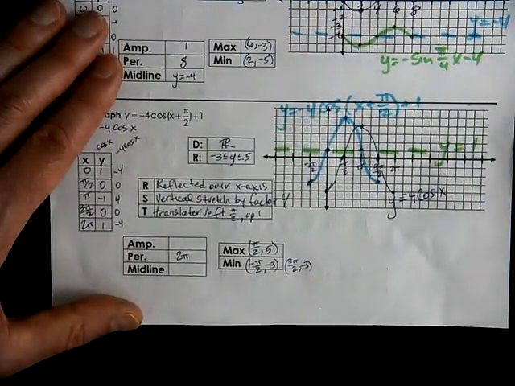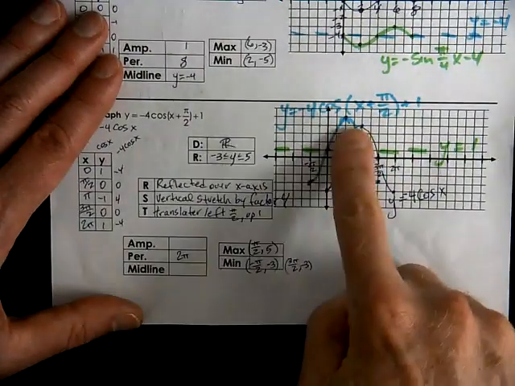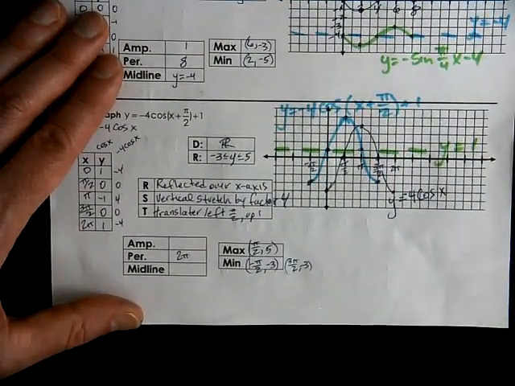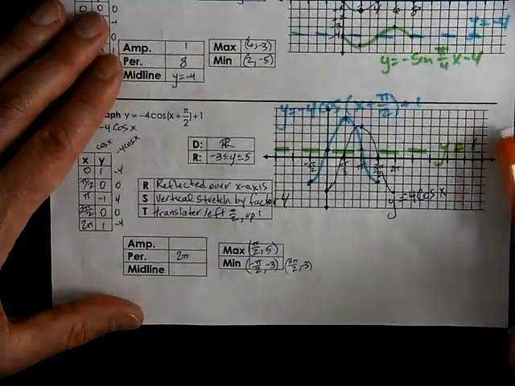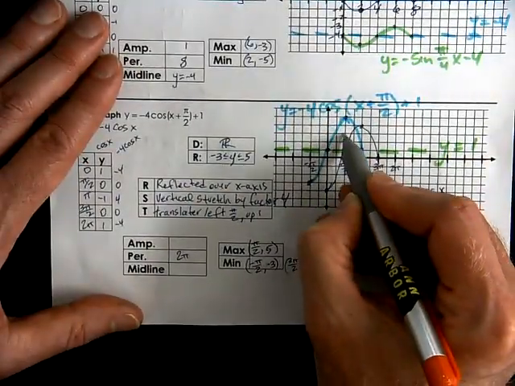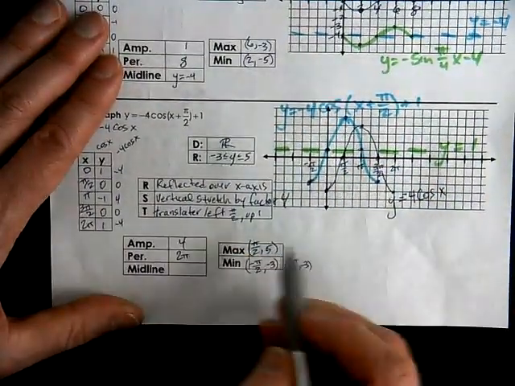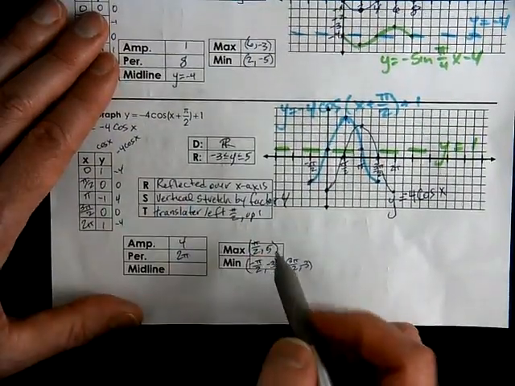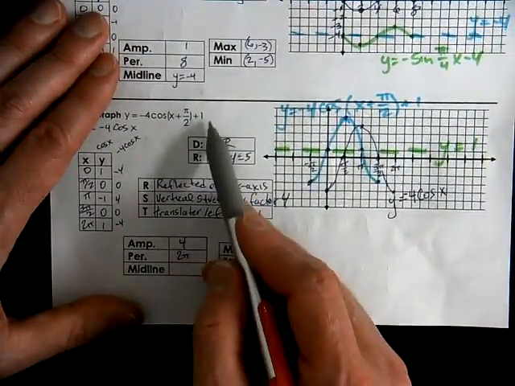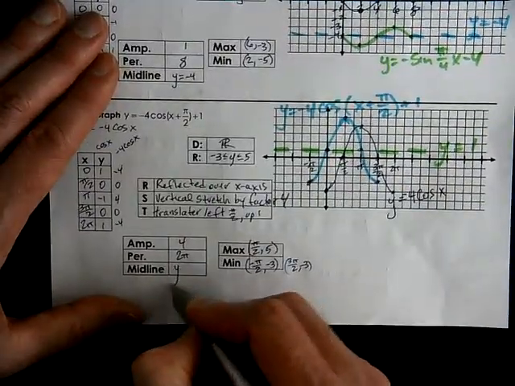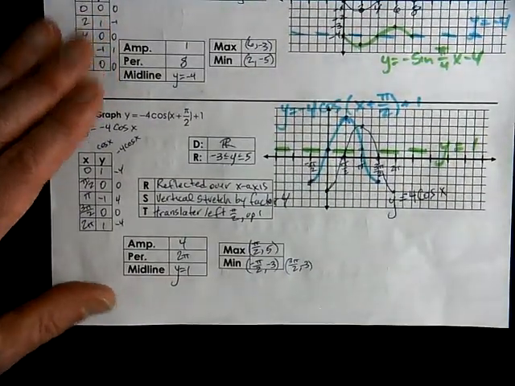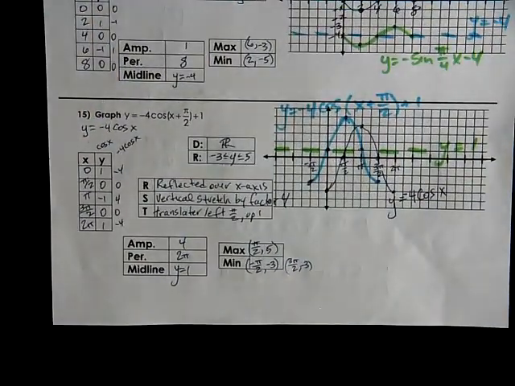Either one could have been your minimum. There's only one maximum inside that cycle. Your amplitude from the midline, 1, 2, 3, 4. That's always the absolute value of the A. And the midline is always your K value. Y equals 1. Good job, everybody.